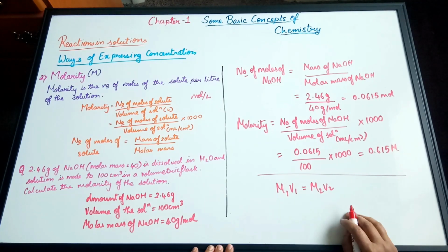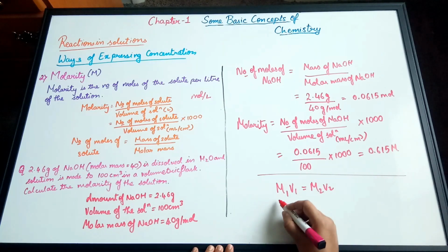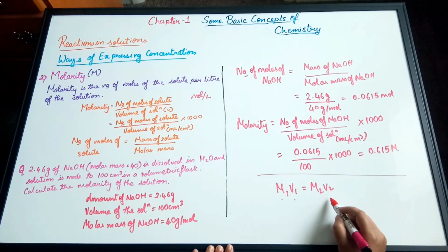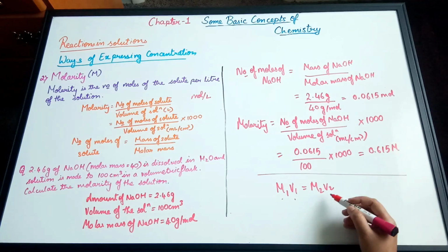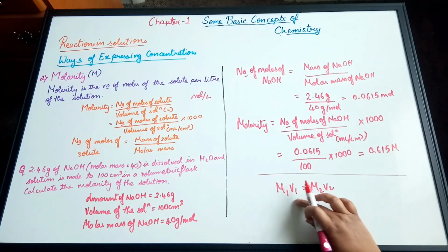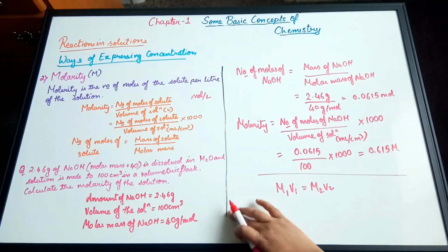According to that, M1V1 will be equal to M2V2, where M1 and V1 are the initial molarity and the initial volume, whereas M2 and V2 are the molarity of the new solution and the volume of the new solution. There'll be certain numericals which will require this particular equation.